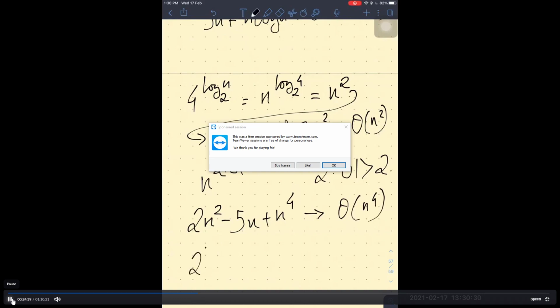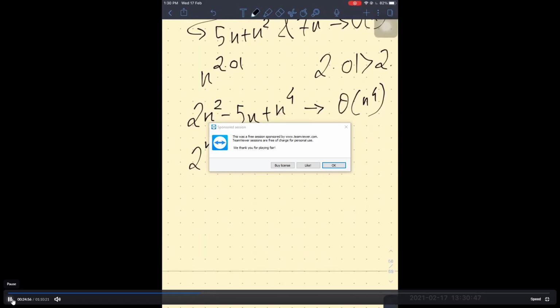Then comes 2 to the power n, as it is an exponential function. So these functions are polynomial, and this is exponential. So exponential always grows faster than polynomial. Then we have 3 to the power n and 3 to the power n plus 1.